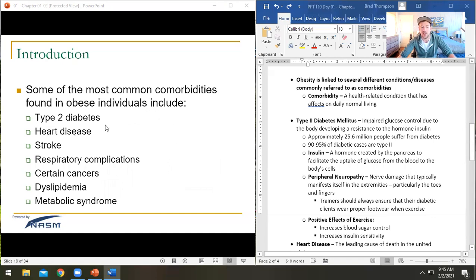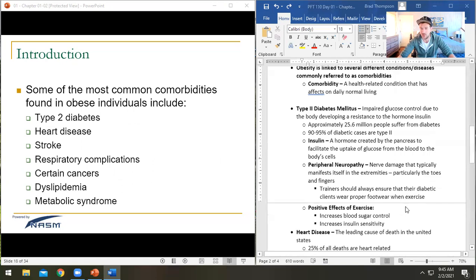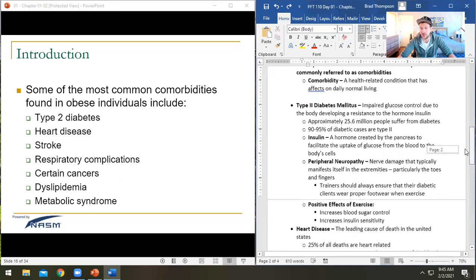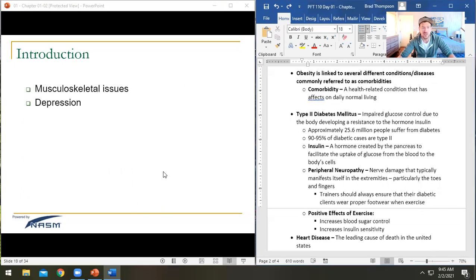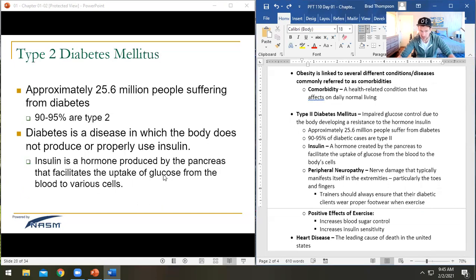So we're going to look at type 2 diabetes, heart disease, stroke, respiratory diseases, certain types of cancers, high cholesterol, and we will look at metabolic syndrome, which is all that weird stuff I mentioned the other day about how abdominal fat in particular starts to act in very funky ways, musculoskeletal disorders, and depression. So that's what we talk about with a comorbidity.